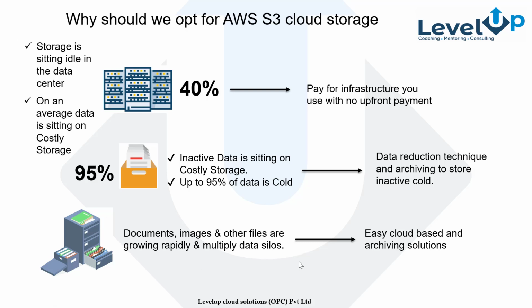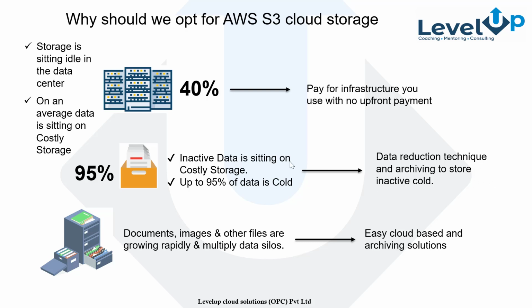Now, why should we opt for AWS S3 cloud storage? As I was telling you, you pay for the infrastructure you use with no upfront charges. There is absolutely no upfront charge. Now, inactive data is sitting on costly storage. Up to 90% of data is cold. So data reduction techniques and archiving are used to store inactive data.